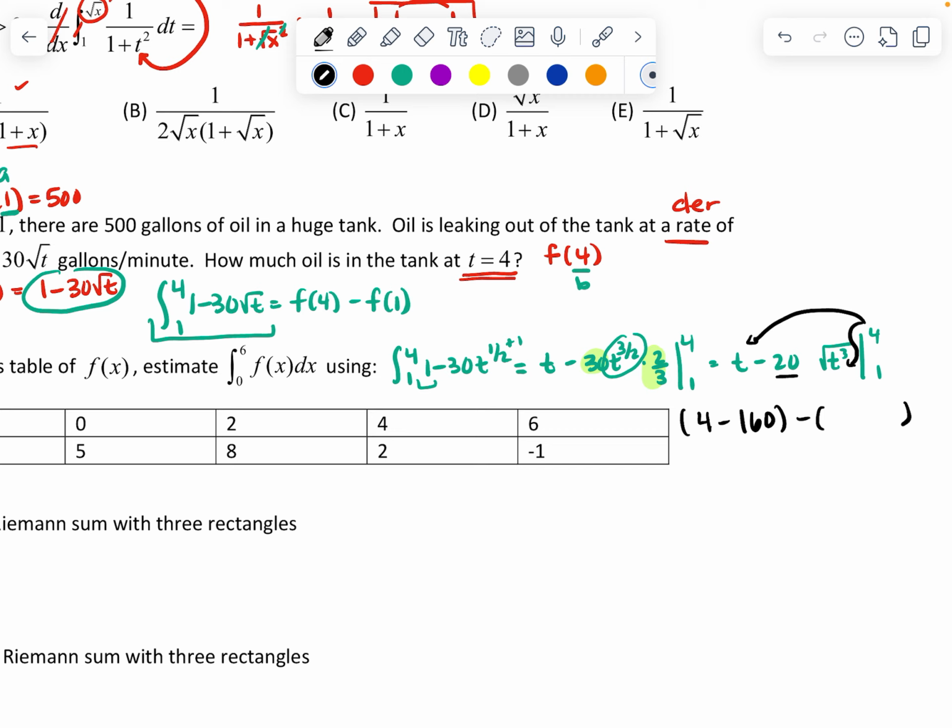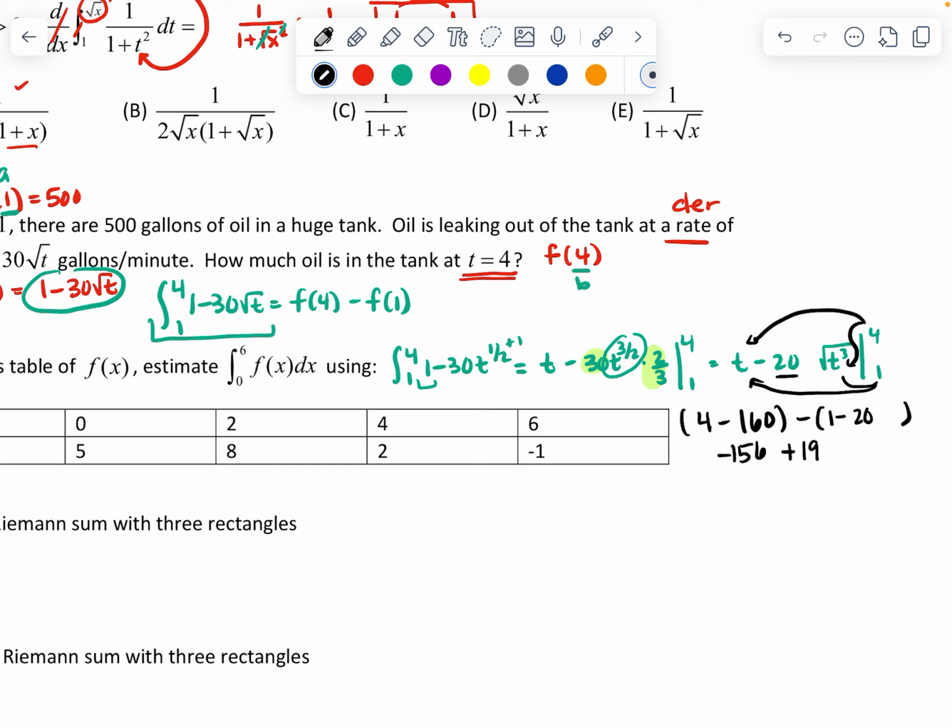And then if I plug in the 1, the bottom here, I'm going to have 1 minus 20 times, and if I plug in the 1, 1 cubed is 1, the square root of 1 is 1, so it's going to be 20 times 1, which is 20. So what do I get here? This is going to be 4 minus 160, which is negative 156. Get the 1. And then this is minus 1 minus 20, which is negative 19, so it's really plus 19.